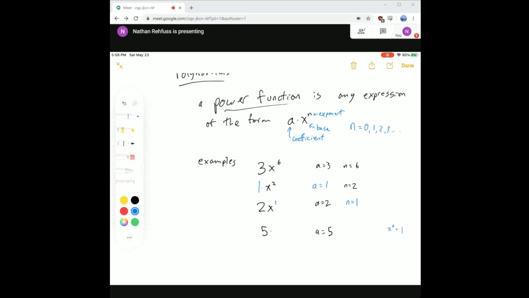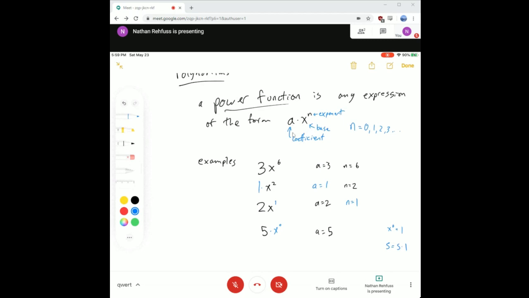And I know that 5 is equal to 5 times 1, yeah? So I can shoehorn this into the form. I can say 5 times nothing at all. Well, it's really the same as 5 times 1, right? And 1 is x to the 0. So this is really a 5 times x to the 0. I would never write it that way unless I wanted it to fit this form. But if I want to fit this into that mold, I will say that the power of x is 0.